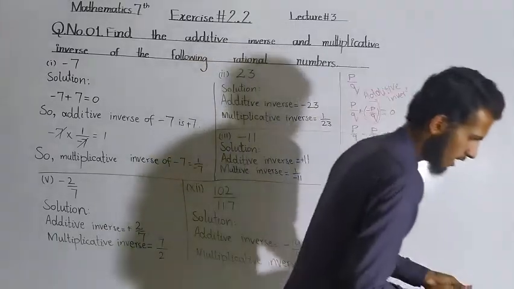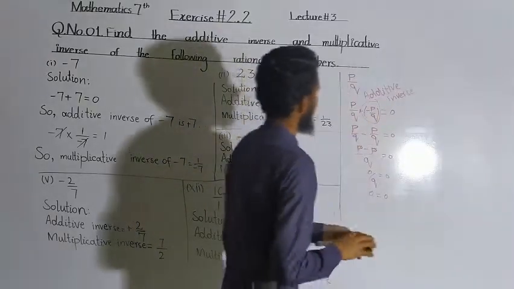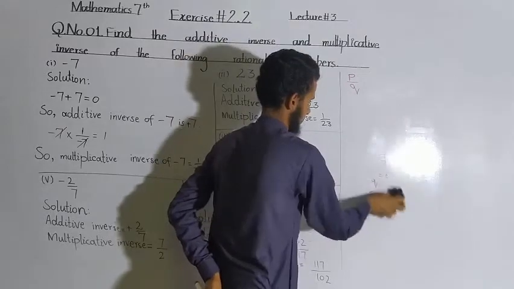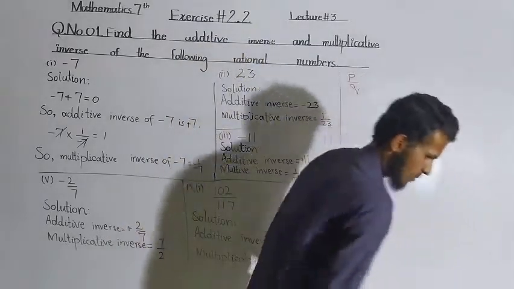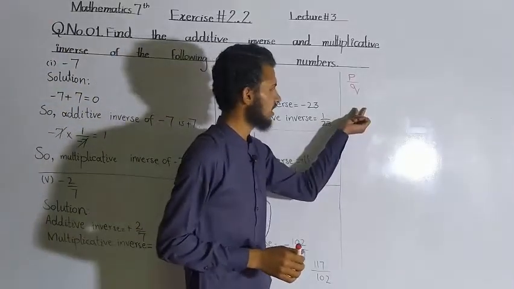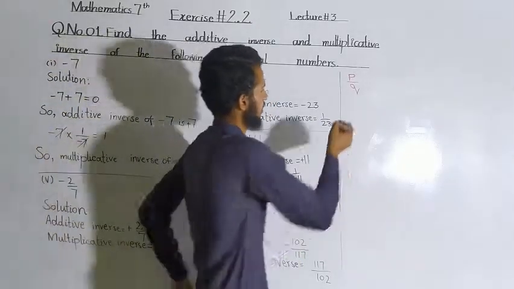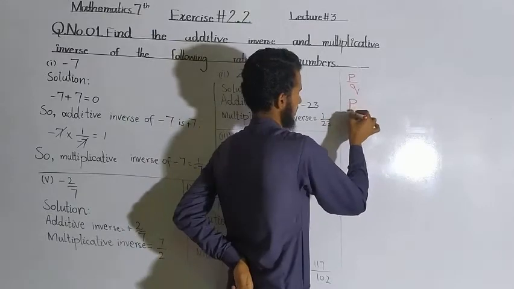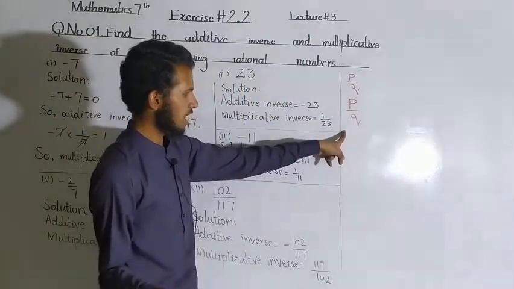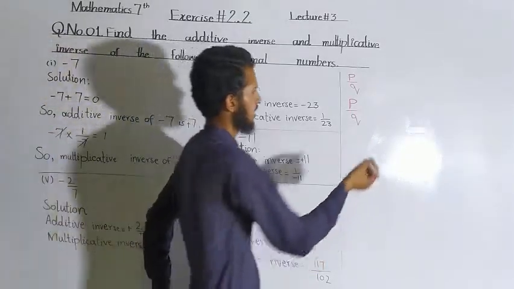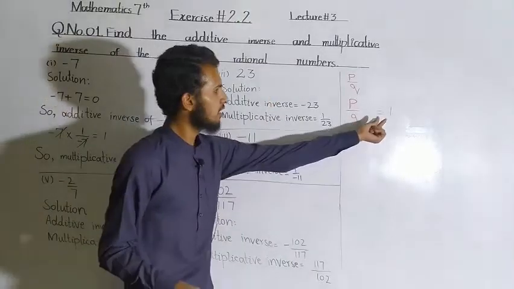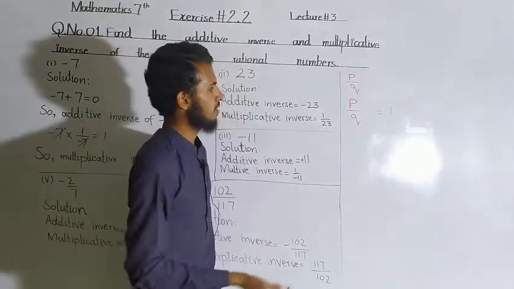Now we will see the multiplicative inverse. As the name suggests, multiply with p by q such a rational number which gives you the answer 1. Here 1 is the multiplicative identity.